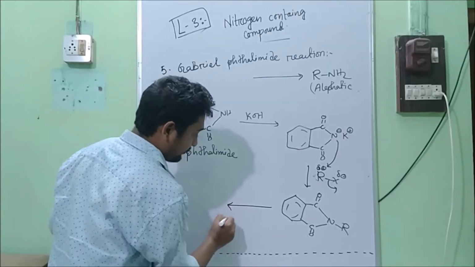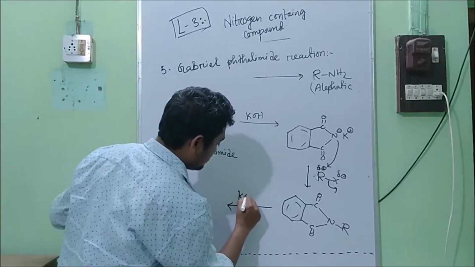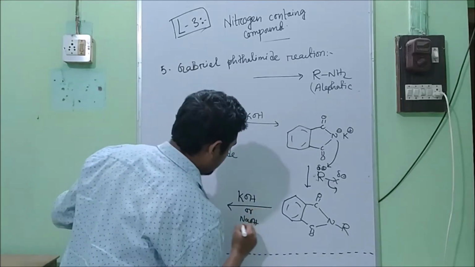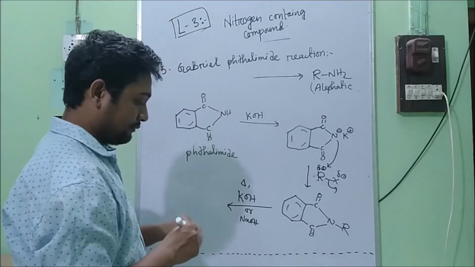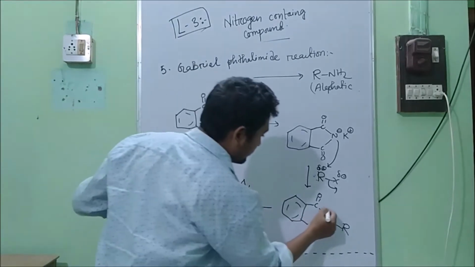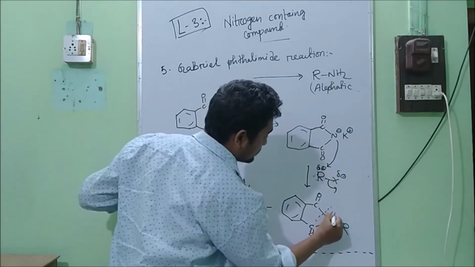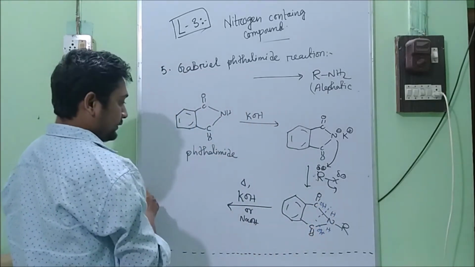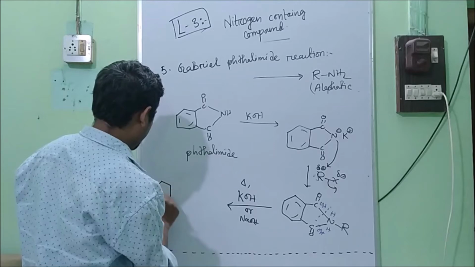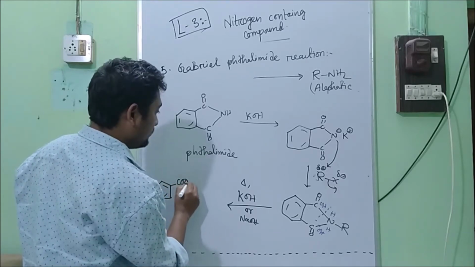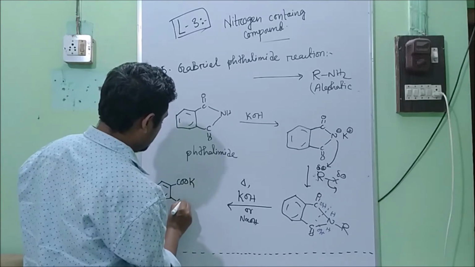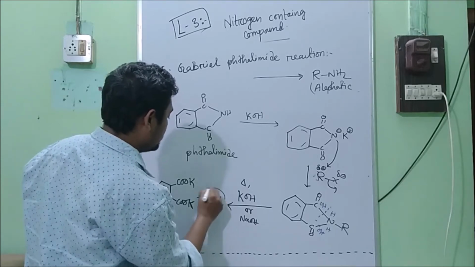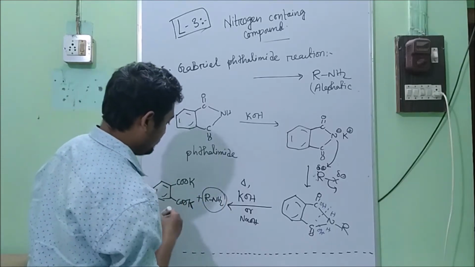Now, if you add a base or NaOH and give some amount of heat, then it will break this way. Here hydrogen will add, and here OH. So your product will be R NH2. This is our 1 degree amine.